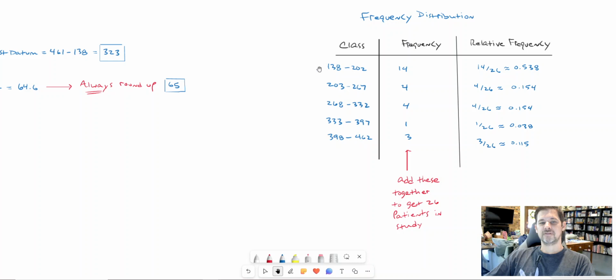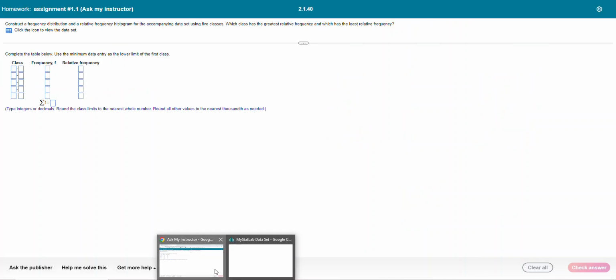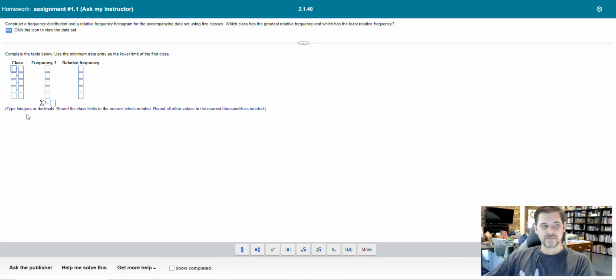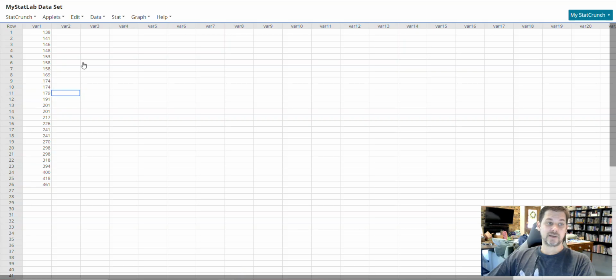So the lower class limit of the first class, meaning this first number here, or if you're looking on MyMathLab, that first number right there, is going to be the smallest datum in the data set. That's where it's going to begin. I could look back at the sorted data and see that 138 is the smallest.